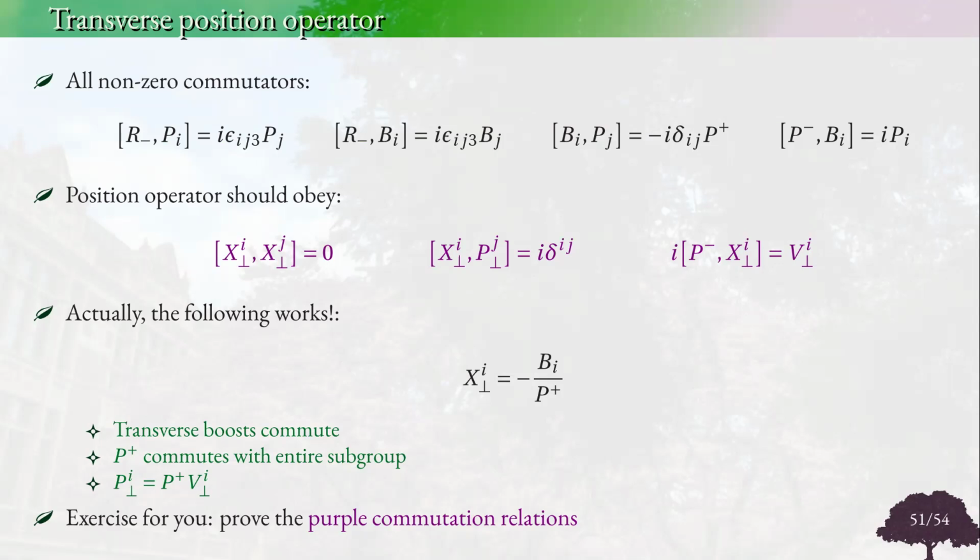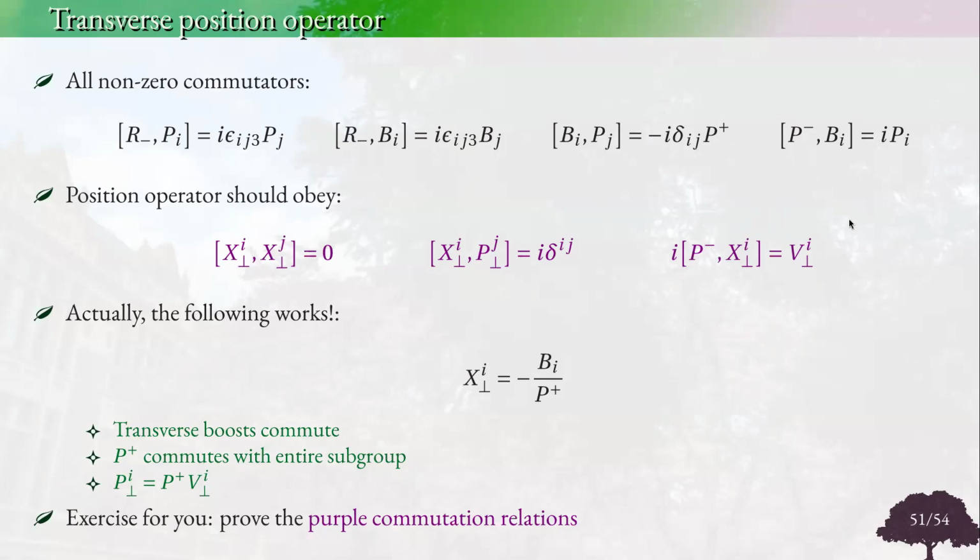You can actually use your boost operators to define a transverse position operator. This is really neat. So look at all the non-zero commutators here and look at the algebra that you would expect a position operator to obey. The position operators have to commute with themselves. Their commutator with the momentum should give you just i times a delta function, and you have your Heisenberg equation.